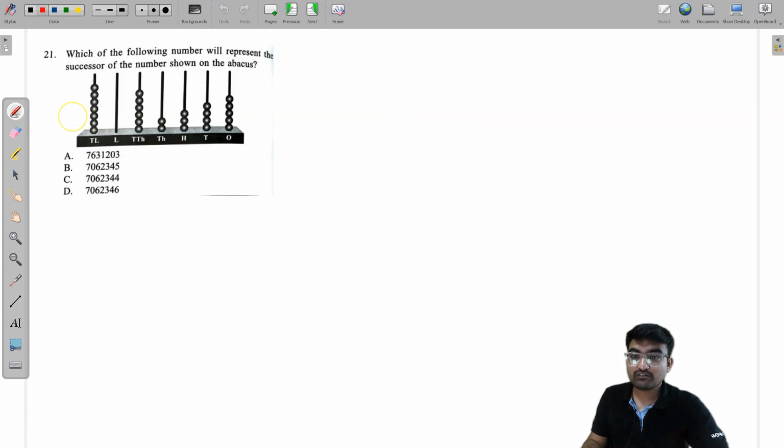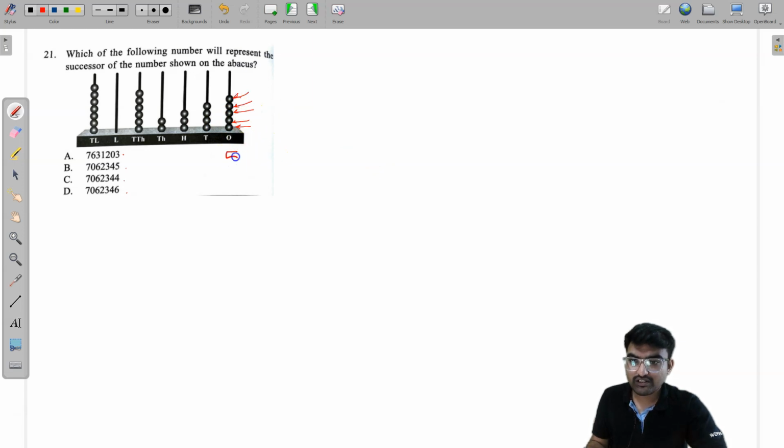Now let's solve question number 21. Which of the following numbers will represent the successor of the number shown in the abacus? First let's check the options 3, 5, 4 and 6. Now each option is different. What do you mean by successor? Whatever the number shown in the abacus, we have to find the next number after that, right? If I check the ones place, it is 1, 2, 3, 4 and 5, right?